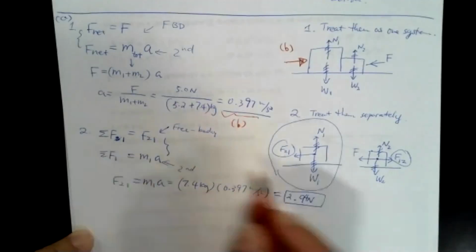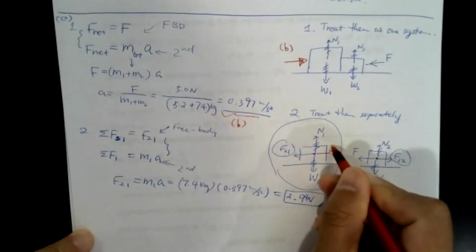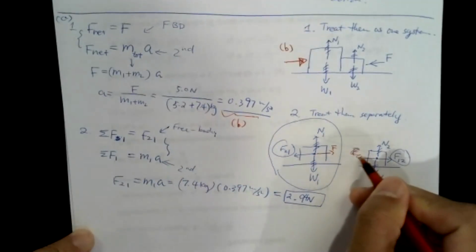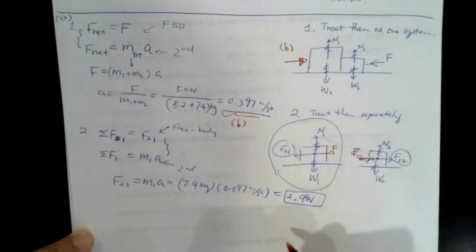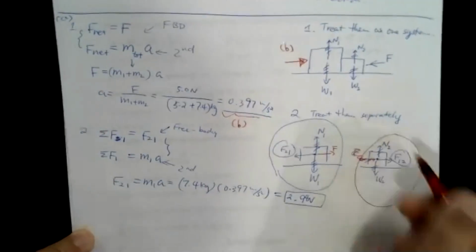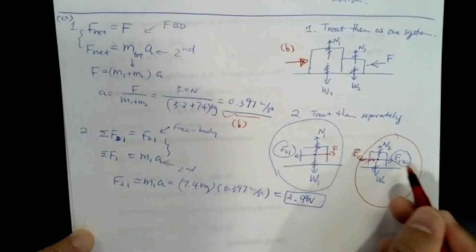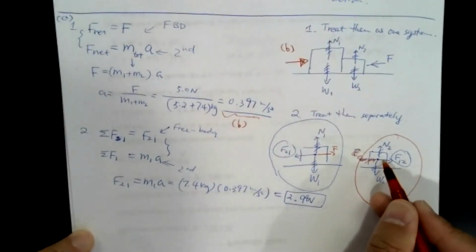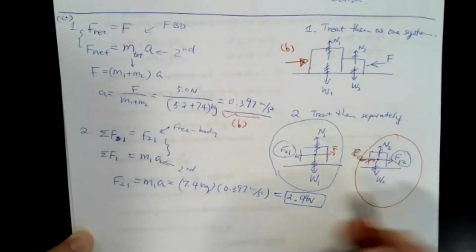Now if you have force on this guy, the force is in this direction, so this one doesn't appear there. In that scenario, you'll be looking at the second object to solve for the contact force, which will be more convenient because there's only one force on that object.